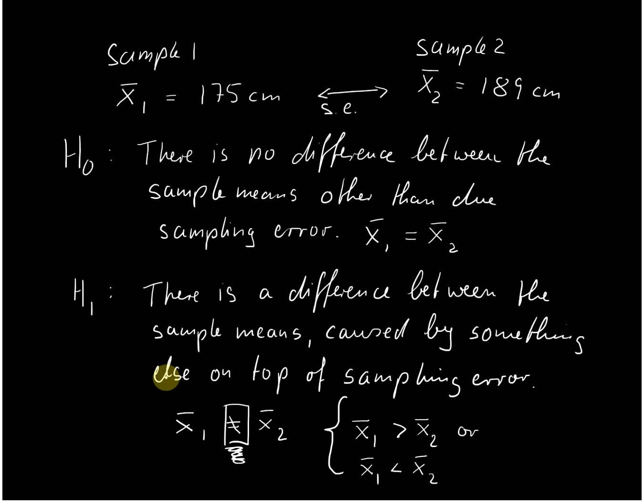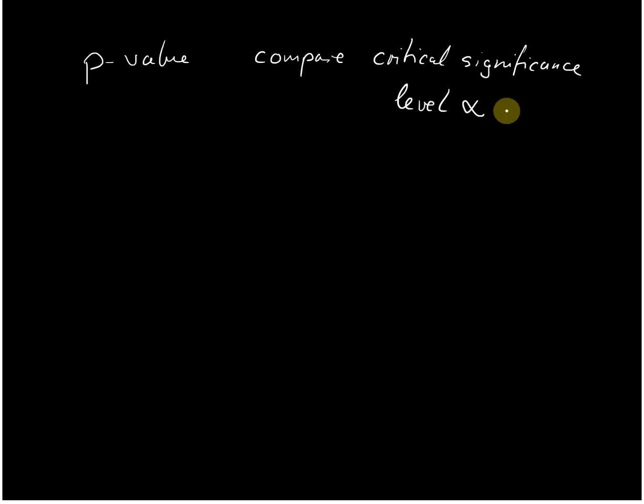And so, how do we find out whether they are different? We calculate our p-value, and we can do that with different tests. And we compare this p-value to a critical significance level, which we set before we do the calculation. This is abbreviated alpha, and very frequently this is set as 0.05.